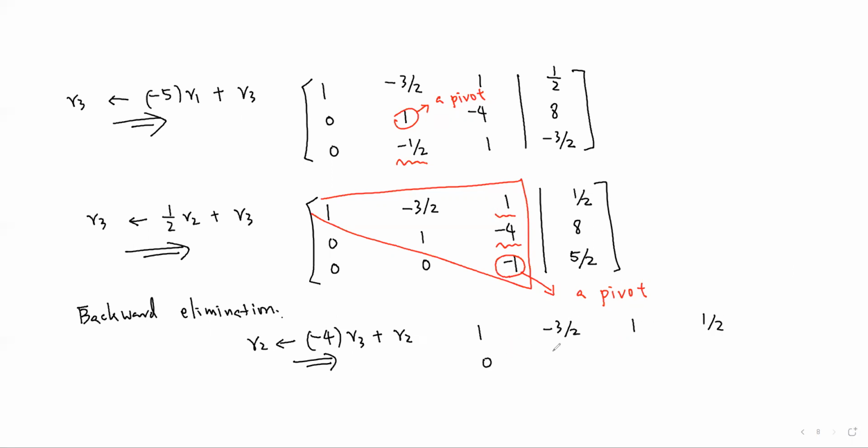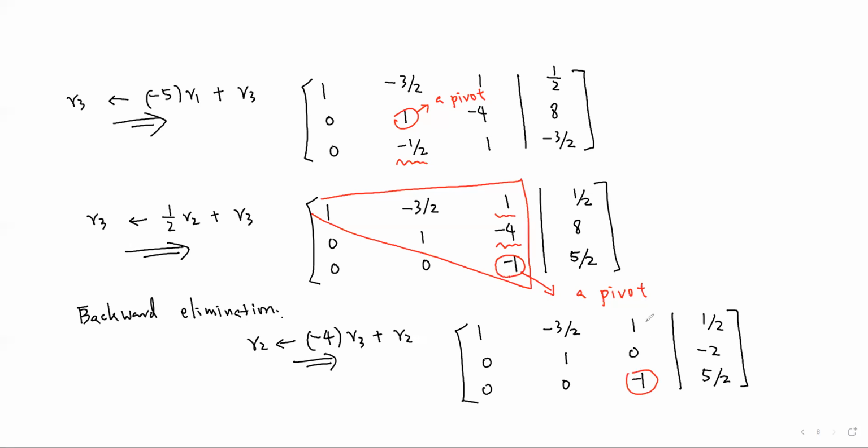Row 2 now is changed. -4 is gone. -4 times 5/2 plus 8 is -2. Row 3 is not changed. Okay.